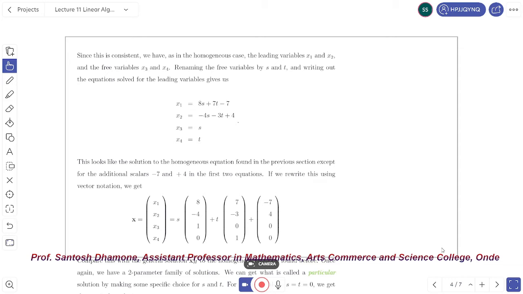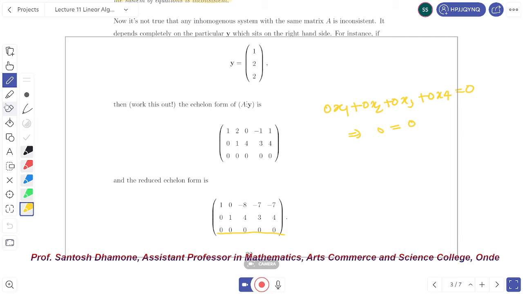Therefore, x2 is equal to minus 4s minus 3t plus 4, x1 is equal to 8s plus 7t minus 7. Solve this. What do you get? Here is this.